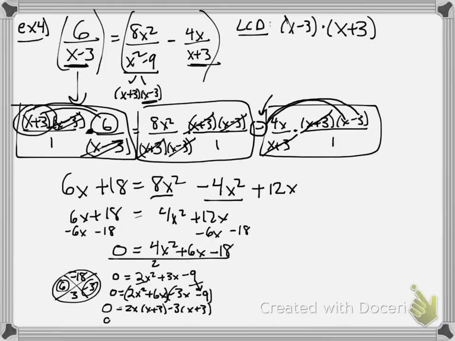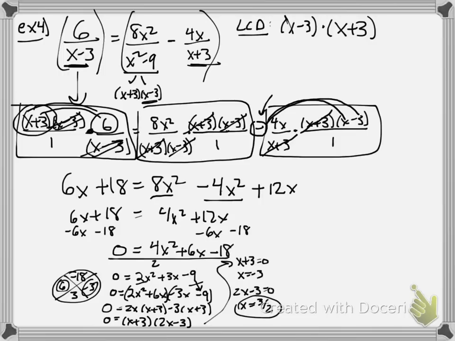We can factor this into x plus 3 times 2x minus 3, and if we use the zero product property, x plus 3 equals 0 when x equals negative 3, and 2x minus 3 equals 0 when I add 3 and divide by 2 to get 3 halves.